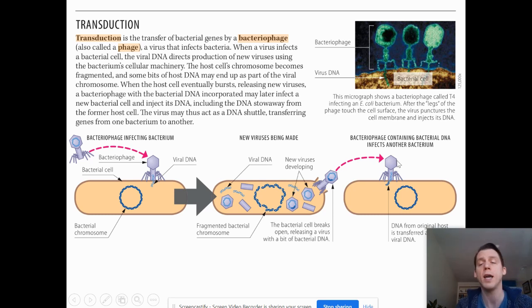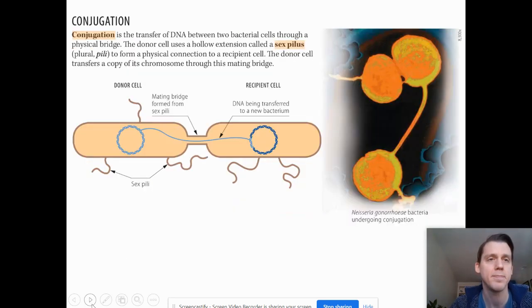And so when the virus goes to infect another bacteria, it accidentally lets in a little piece of the bacterial DNA. And if this bacteria survives the virus attack, then this little piece of bacterial DNA can get stuck in here and become part of the bacteria's genome. So it's almost like crossing over, except with a virus.